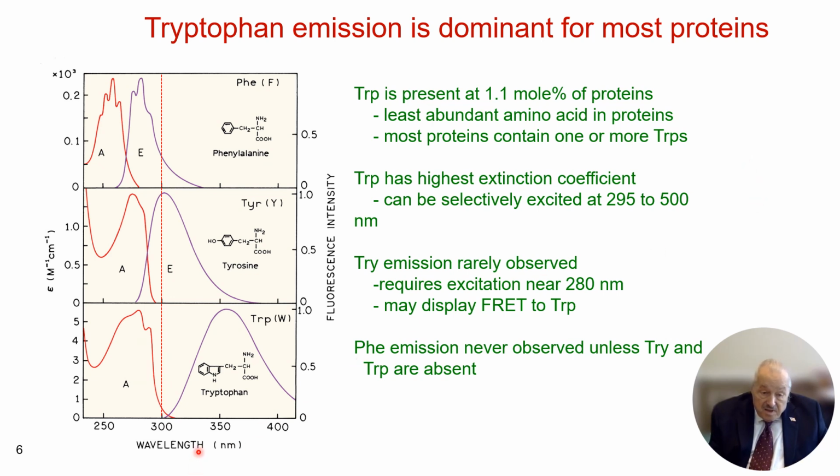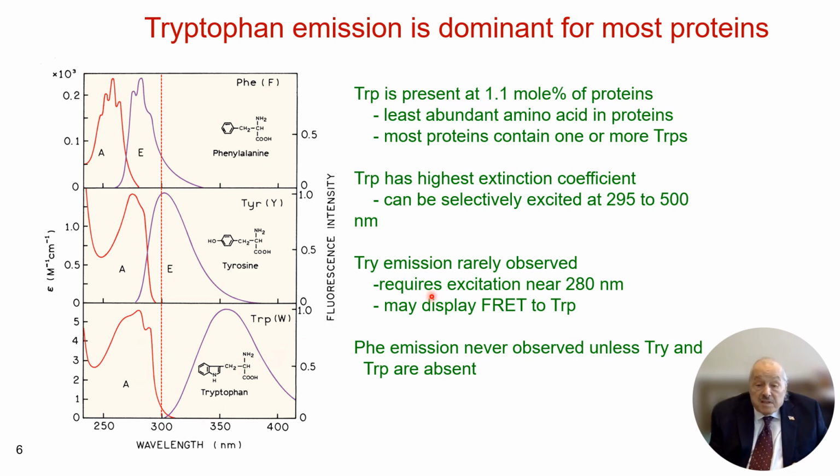I'd like to draw your attention to the line here at 300 nanometers. This shows that tryptophan can be excited almost exclusively at 300 nanometers. So if you wish to avoid any contributions of the other aromatic amino acids, you can choose something from 295 to 300.